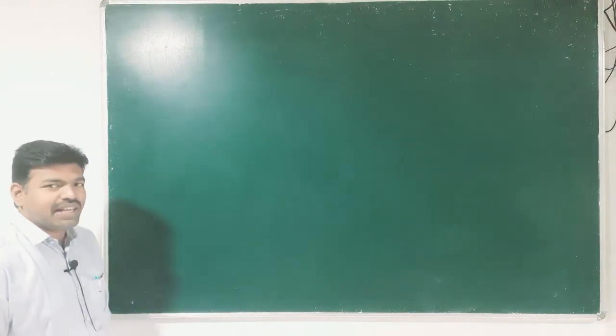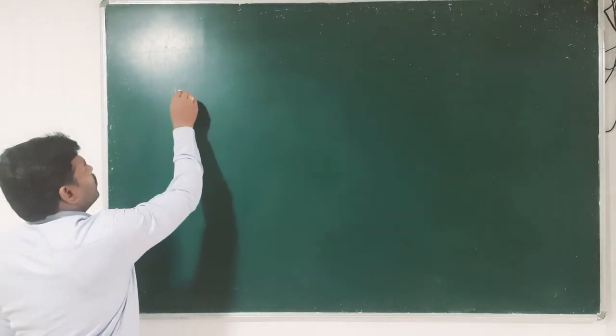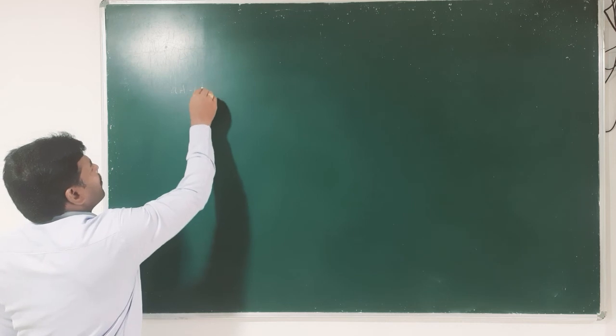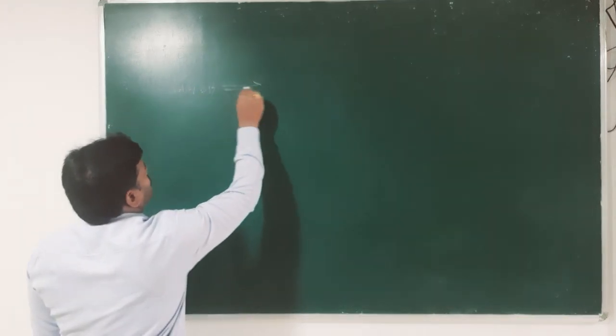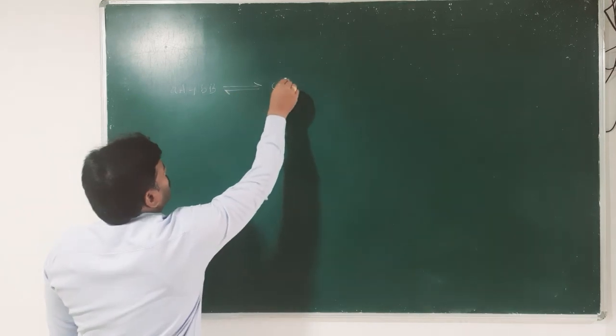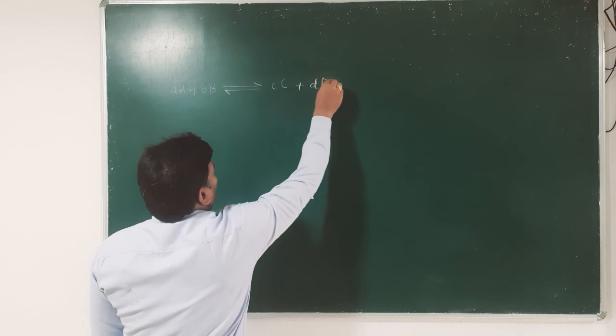So, let us consider a general reversible reaction, that is a moles of A and b moles of B give rise to c moles of C and d moles of D.